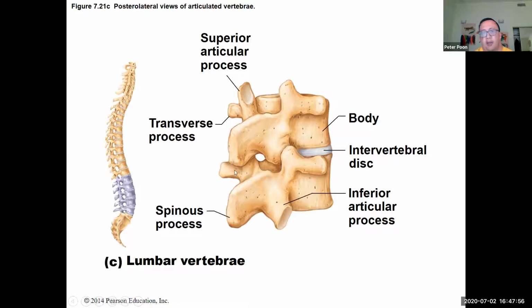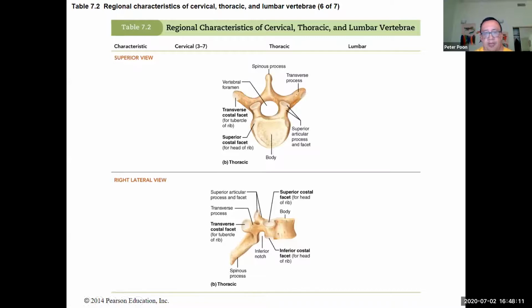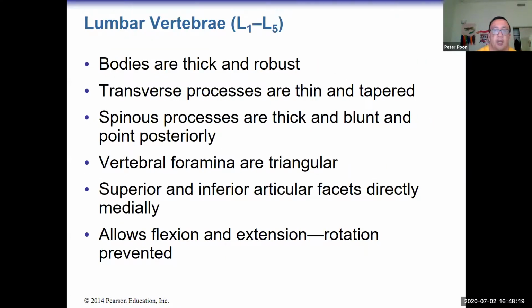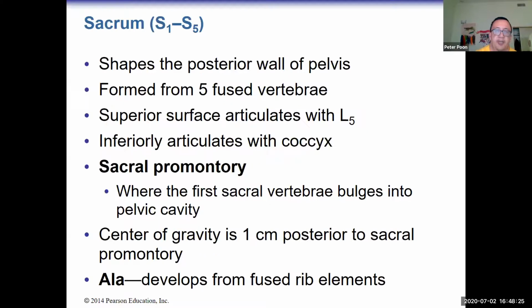The other way to think about this, the way that my anatomy teacher taught me, is that the spinous process of the lumbar vertebrae looks like an axe, sharp and pointed. Hopefully we'll go over that in the review session.